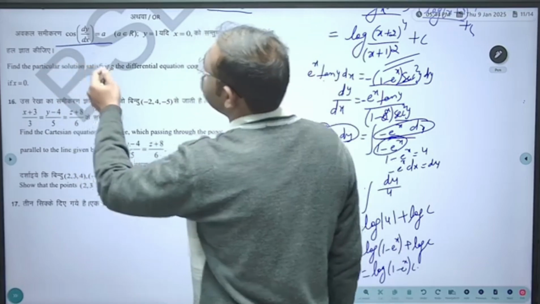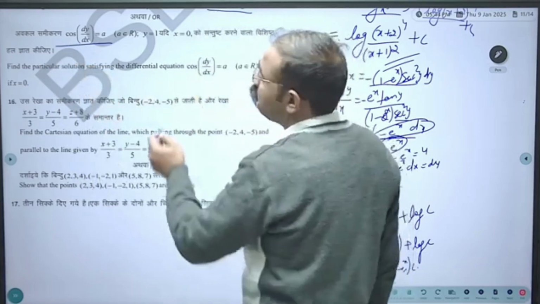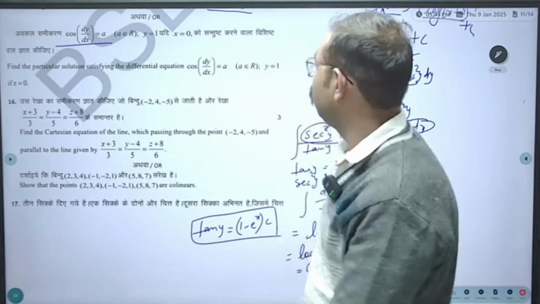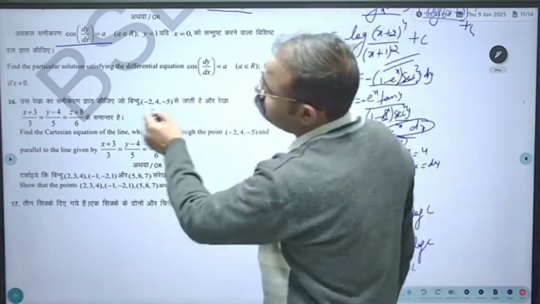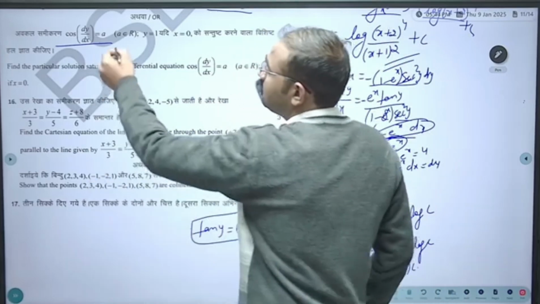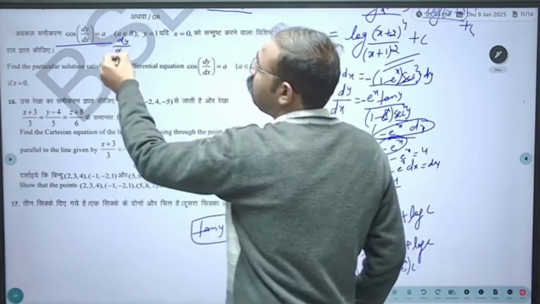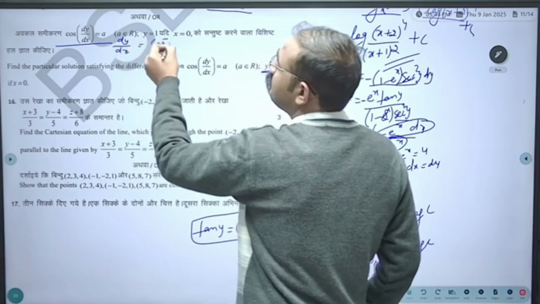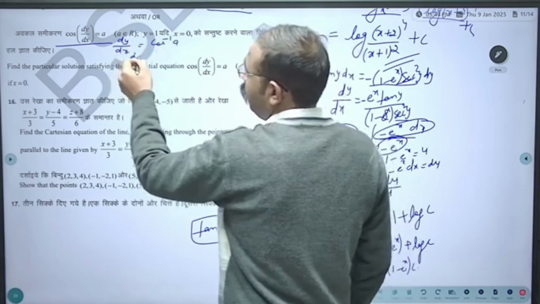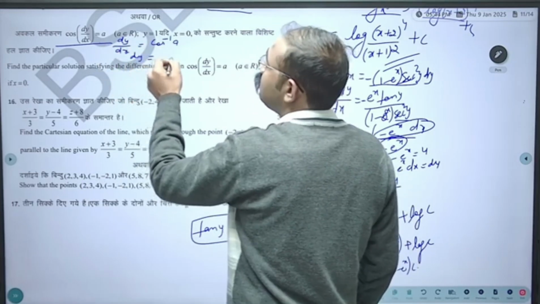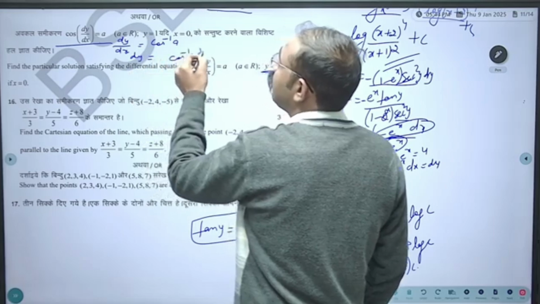cos dy by dx is equal to a, and we have to find the particular solution in this question at y is equal to 1 and x is equal to 0. So dy by dx will be cos inverse a. By separating, dy is equal to cos inverse a dx.